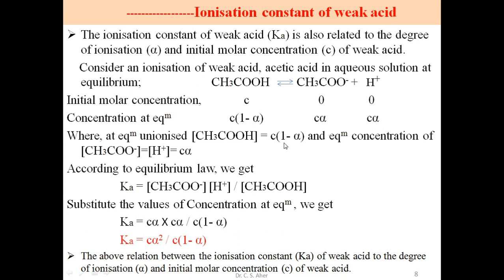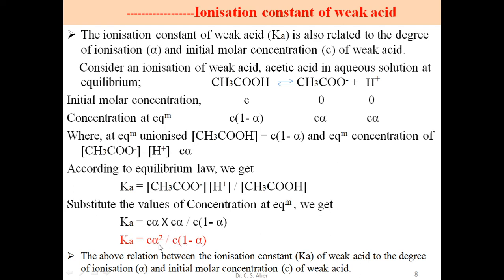Substituting the equilibrium concentrations, Ka is equal to C alpha into C alpha divided by C into bracket 1 minus alpha. So this is C square alpha square upon C into bracket 1 minus alpha.